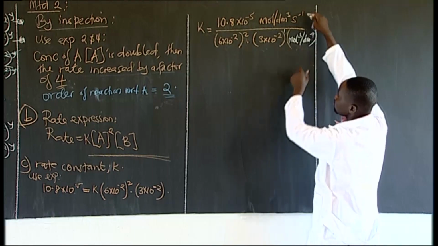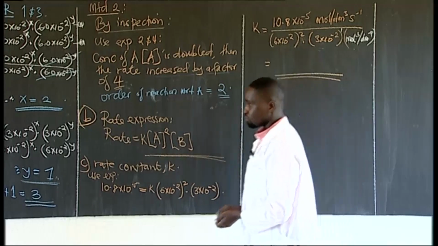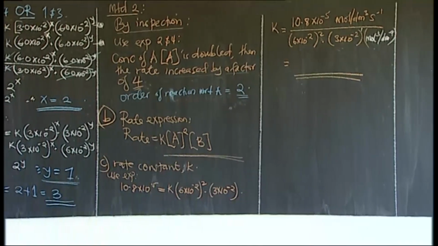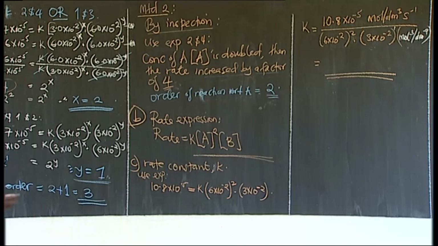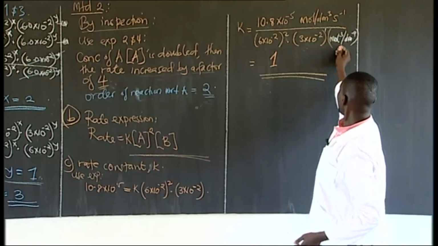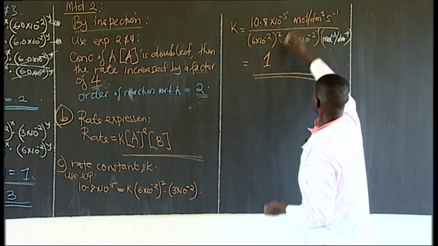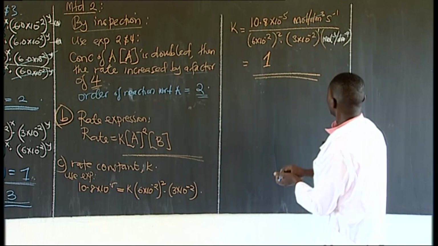So in this case, you calculate. Please use your calculator to find that value. And if you are following it up, depending on your calculation, it should get you 1. And the units in this case will be, this unit will cancel, part of this will cancel with part of here.